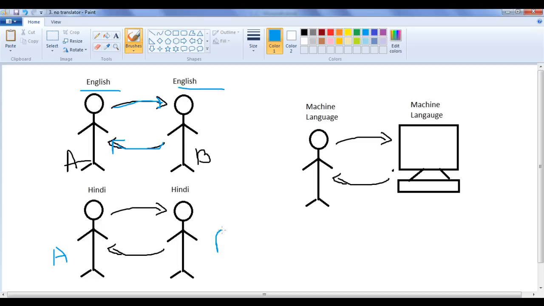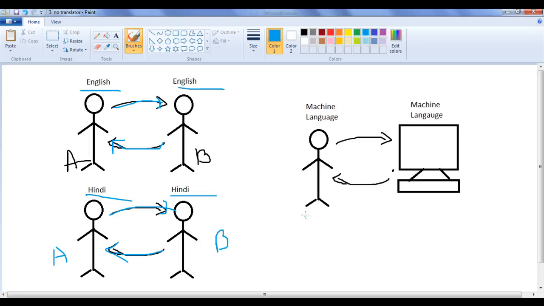They can talk without any problem. Here we have person A and person B. Again, both of them know the Hindi language. If person A tells something in Hindi, person B can understand because he knows Hindi. If person B tells something to person A, he can understand because he also knows Hindi. There will be no communication problem. They can have a conversation quickly and efficiently.